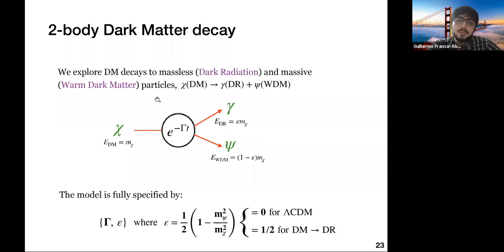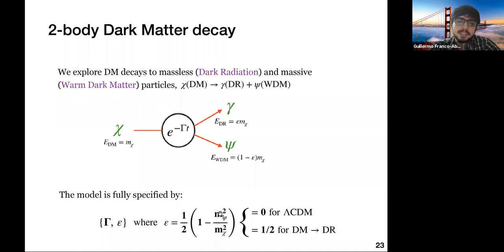And this kind of two-body decay adds two extra free parameters with respect to ΛCDM. One of them is the decay rate of the dark matter, gamma. And the other is epsilon, which is the fraction of energy that the dark matter transferred to the massless component. And it is given by this expression, by this ratio of masses.